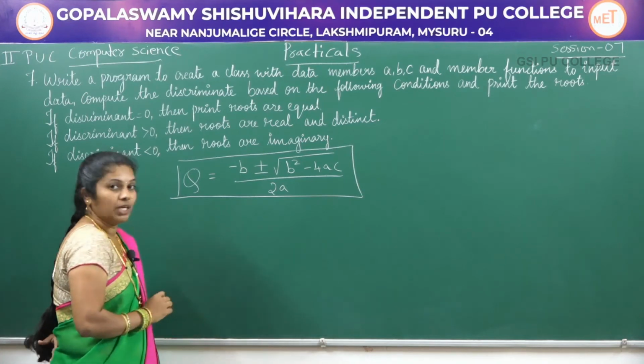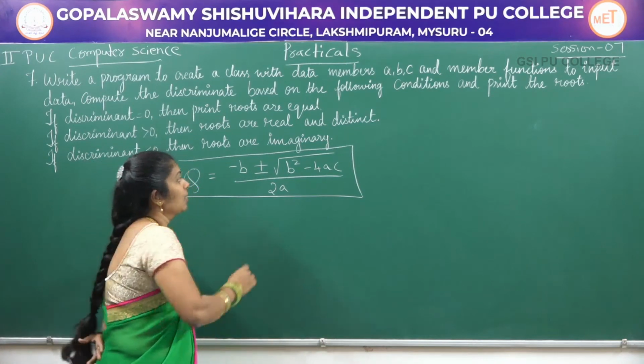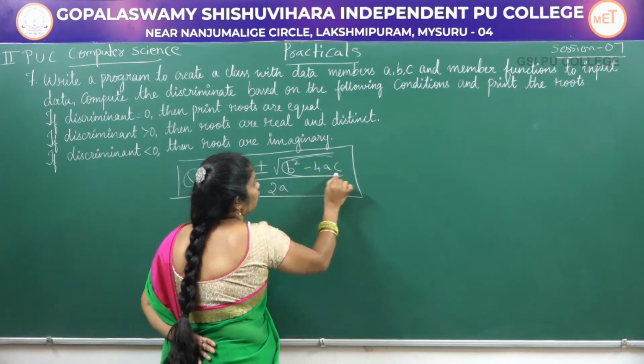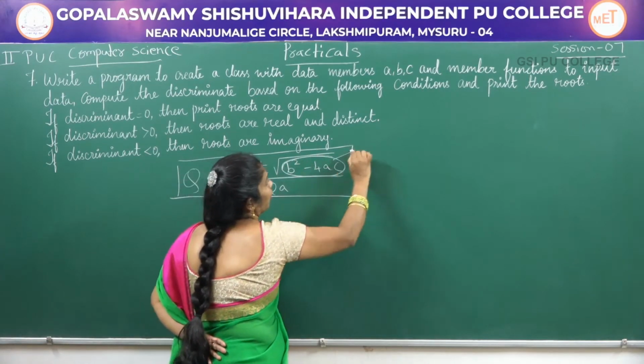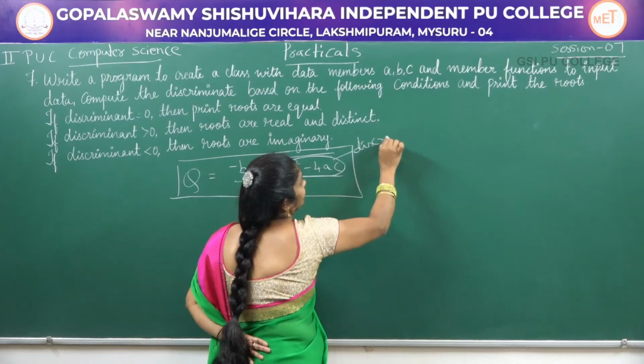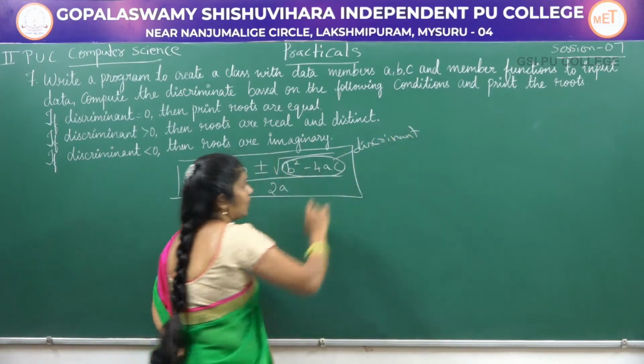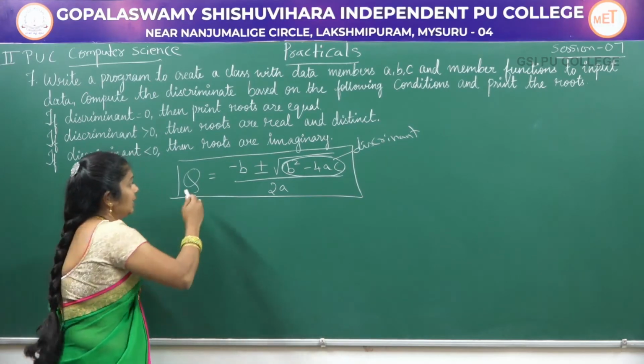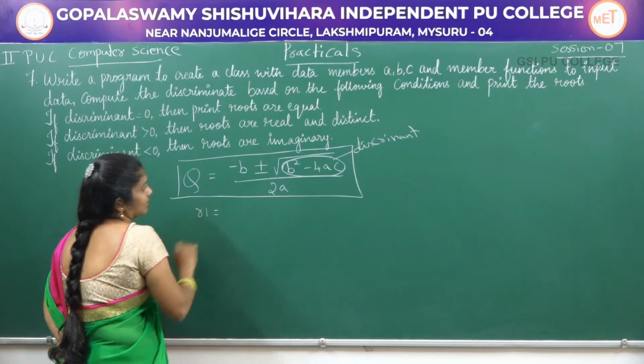Then what do you mean by roots here? What do you mean by discriminant? B square minus 4ac is called the discriminant. Then what does root 1 represent?